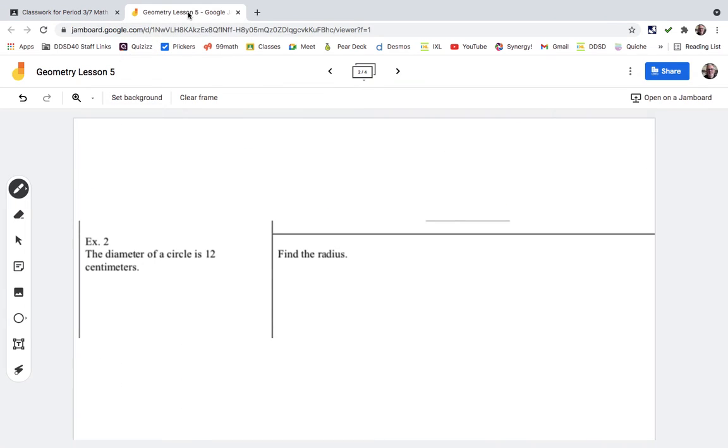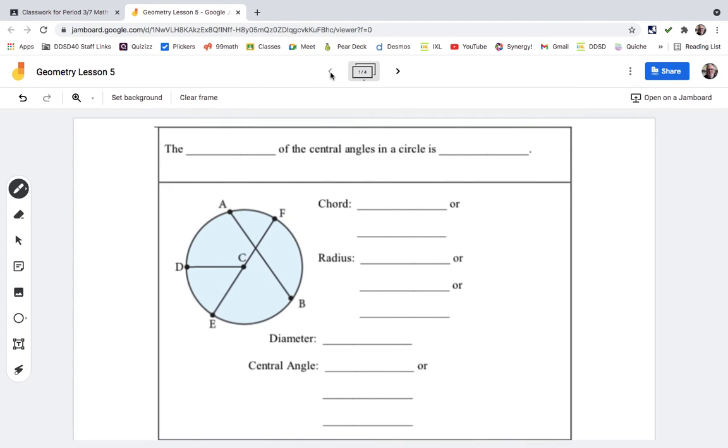Here's the answer key for Geometry Lesson 5. So the sum of the central angles of a circle is 360 degrees. One of the chords is EF. Another chord is AB.